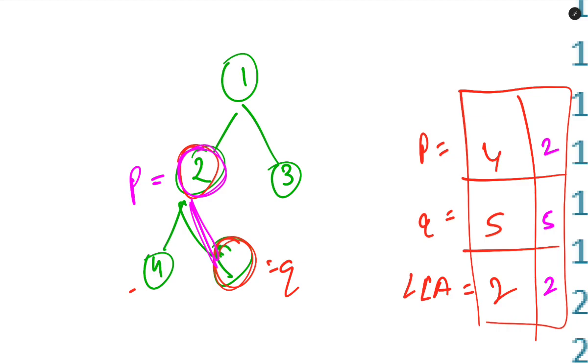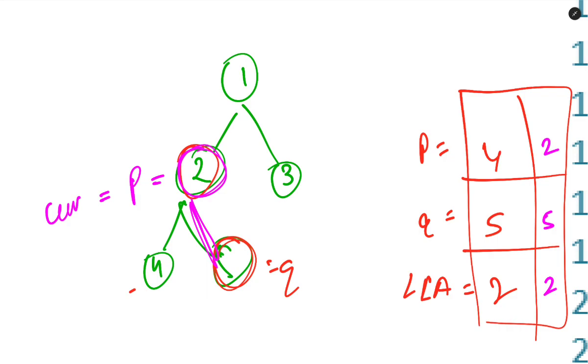In the first case, my current node was not the answer, or not the LCA, but my left node had P and my right node had Q. So since my left node has P and right node has Q, the current node will be my lowest common ancestor, and I need to return it as my answer.